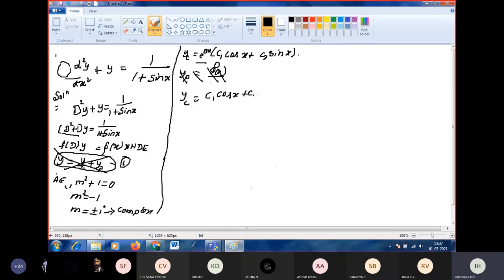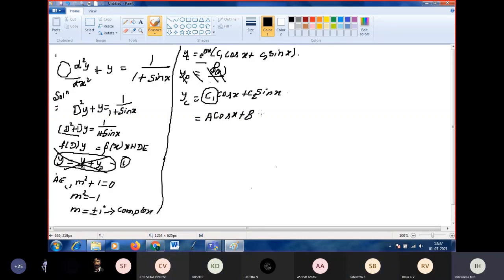Since the method is the method of variation of parameters, we have to vary the parameters. C1 is replaced by A cos x, and C2 is replaced by B sin x.